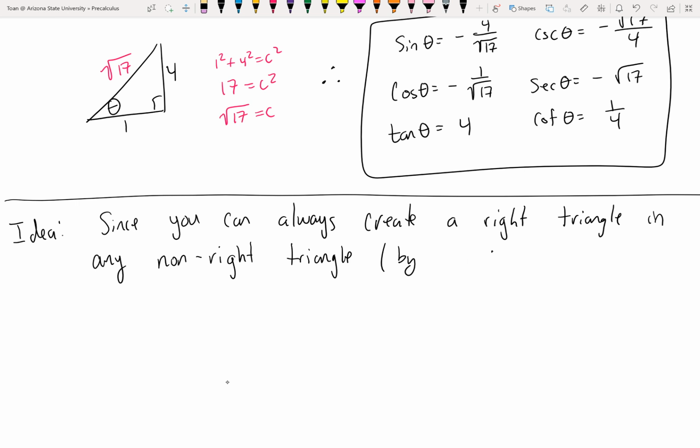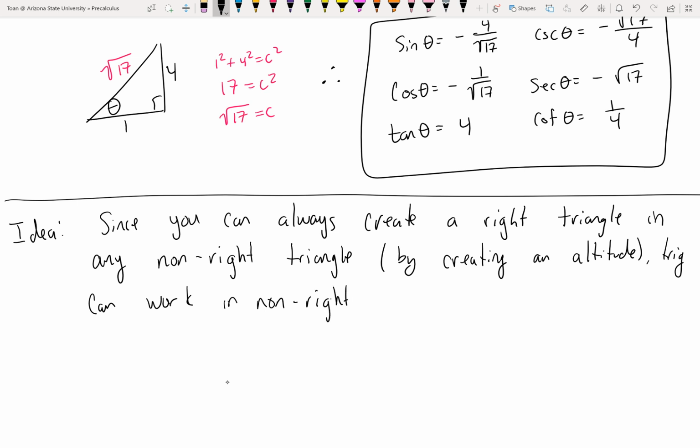Just drop an altitude, boom, you have a right triangle. Trig can work in non-right triangle situations. That's the cool thing, right?